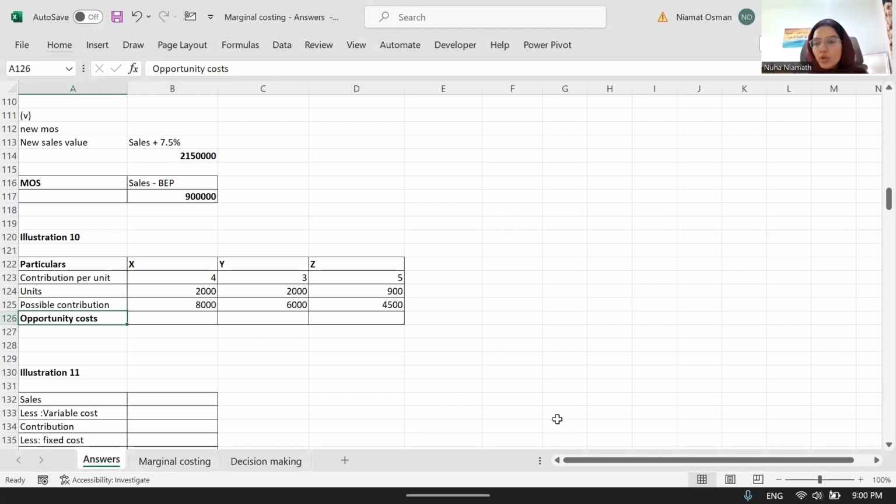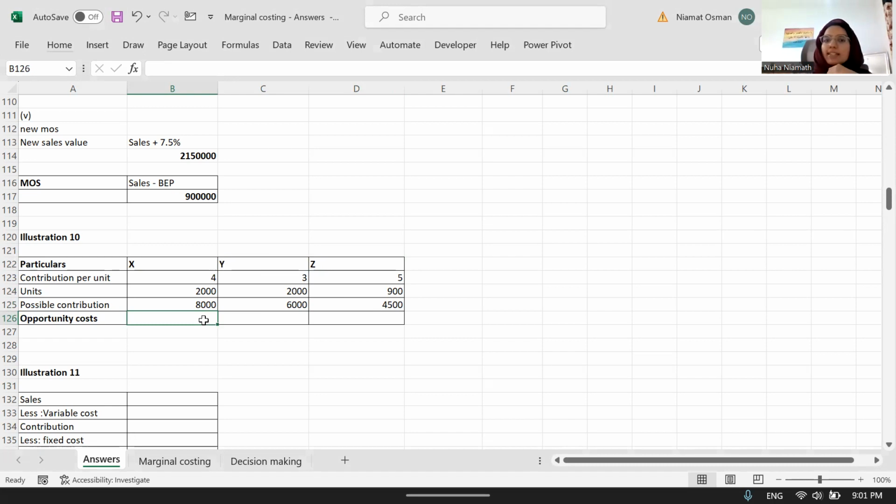What is opportunity cost? Opportunity cost is when you know that they can only produce one product at a time. If I produce X, what is my next best alternative that I'm losing on? Is it Y or is it Z? It's Y. Perfect.